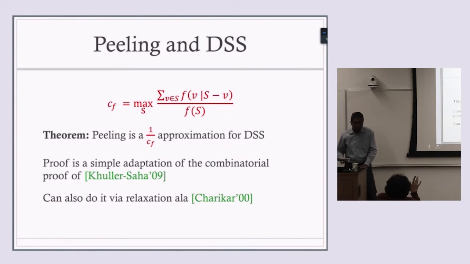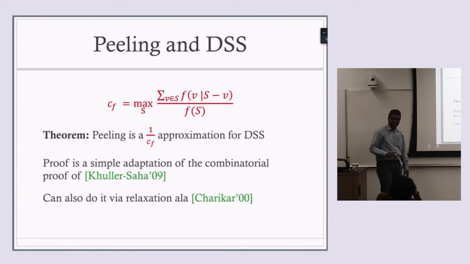And this is also tight. We didn't prove tightness in full generality, but in many of the examples, this parameter is tight. Is the CF exactly the curvature? No. I think Ali is asking, some of you who play with submodular functions know there's a notion of curvature of a submodular function, how close it is to a modular function.